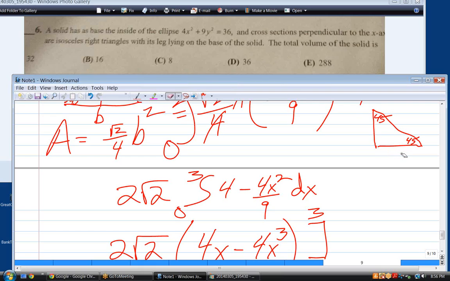The way I'm looking at it, this is the base, right? And I'm trying to find this measurement. So, if I take one of these triangles, that half triangle right there, it's also a 45-45, only that's half the base.